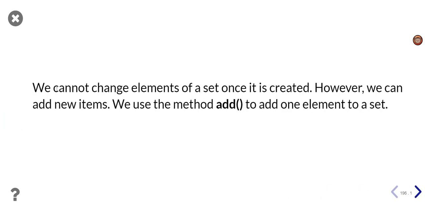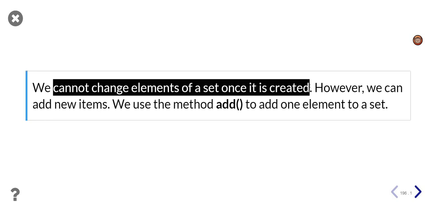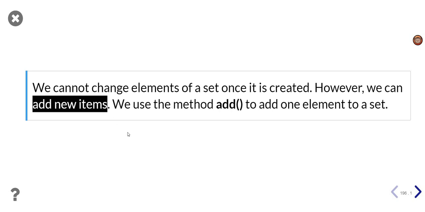Now another thing, a set is immutable, in the sense that you cannot change the elements of a set once it is created, but you can add new items. So in a set you already have an element inside, you can't remove it, but you can add to the set to make it bigger.